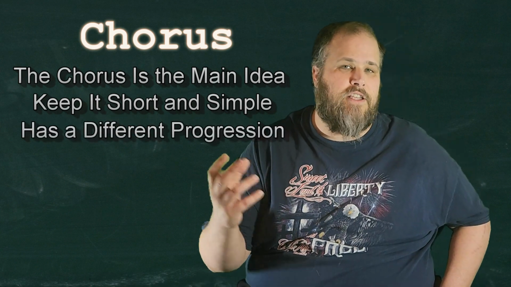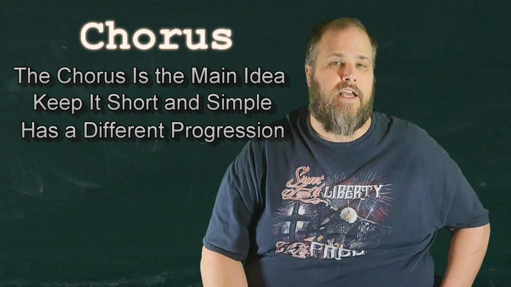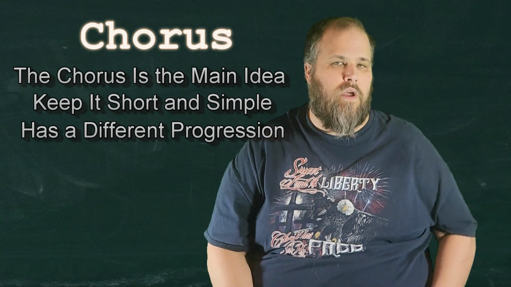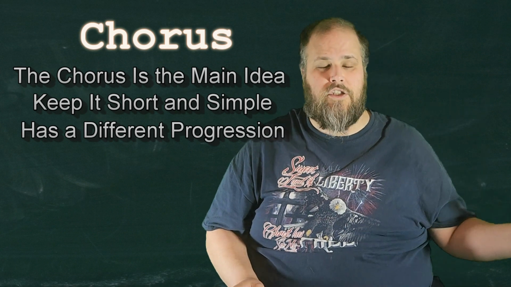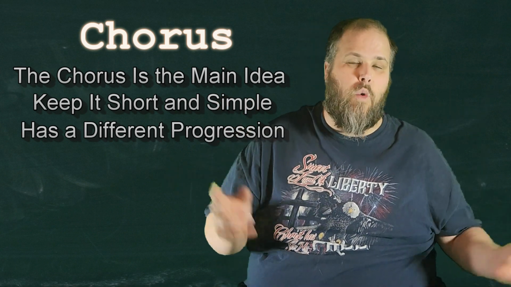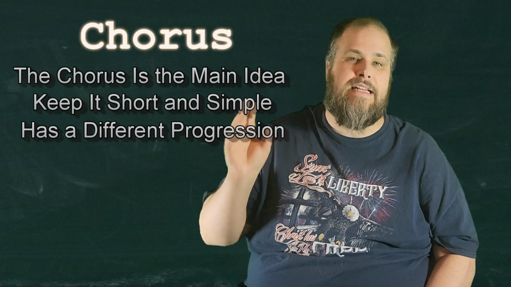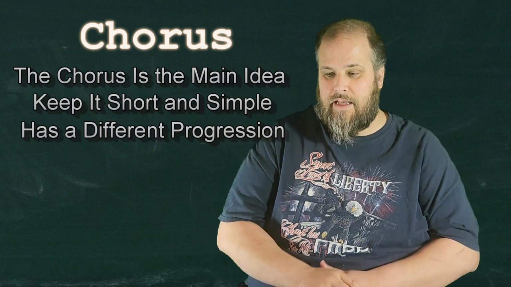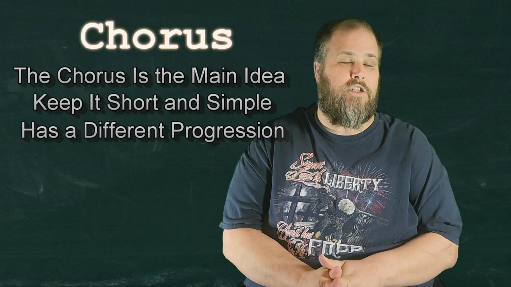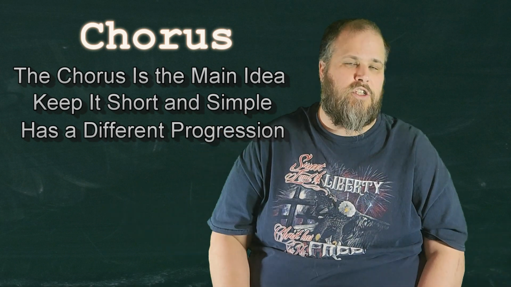Usually, it begins on some chord other than your verse does musically. For example, when we hit Would You Believe here in a minute, you'll note that the verse begins on a 6th chord. The chorus is going to begin on a 1. Why? Because we're in a different part of a song. And you want them to know that. Sometimes you might want the chorus to drive, in which case you might want to start on a 5 chord.